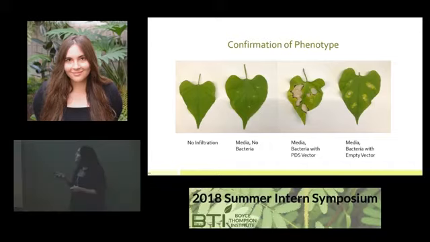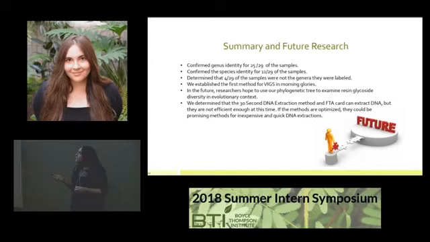At this point, I'd like to summarize what we did this summer. We were able to confirm genus identity for 25 of our 29 species. We were able to confirm on a species level 100% match 11 of those 29 samples, and we called into question 4 out of 29 of the samples' labeling.